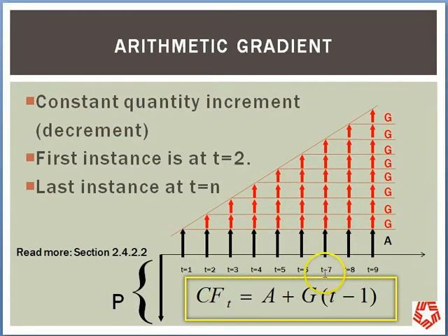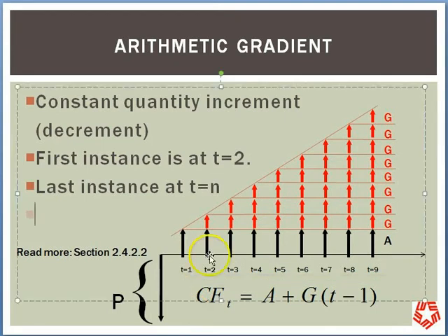In other words, you can compute how much will be paid in any particular year as the annuity plus a certain number of times the gradient, and since the first gradient happens at t equals 2, the equation turns out to be G times (t minus 1). That gives you how many times the gradient occurred, and to that we add the annuity, and that gives us the total cash flow for that particular year.